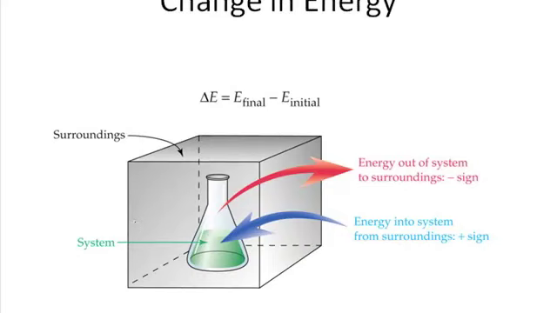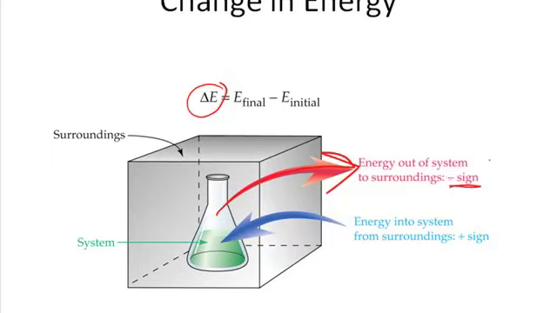Alright, so here is an example of what happens in a reaction where there's a change in energy. You have a system, which is where the reaction is taking place, and then you also have the surroundings, and the surroundings surround the system. Now, if energy is released into the surroundings, this means that our delta E is going to be negative.